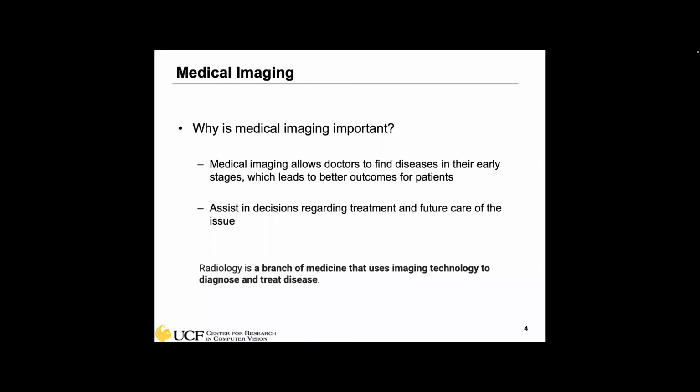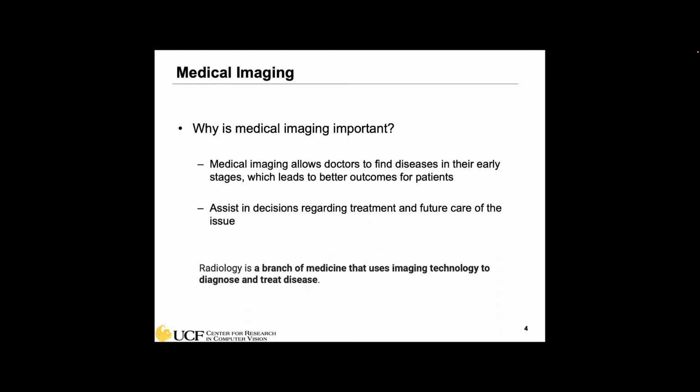One thing I want to make clear is that this course is not going to teach you how to diagnose from medical images and prescribe treatment. That's a totally different discipline, radiology. For this course, we'll basically use AI techniques to do image processing, which may help radiologists alleviate some of their burden.